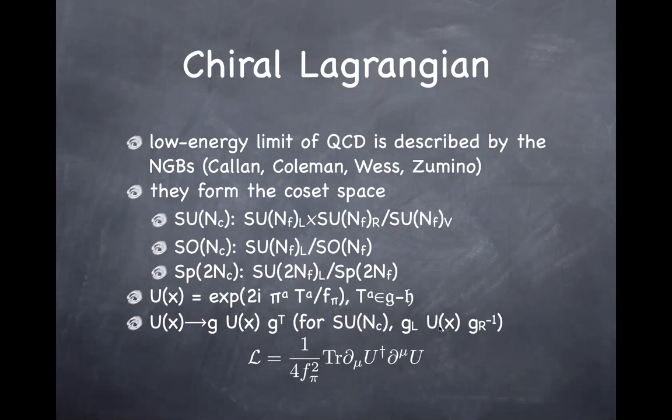And then you write a Lagrangian that's consistent with the symmetry. And here we go. That's the only Lagrangian you can write consistent with the symmetry and at the leading order in derivatives. So this term has 2 powers in derivatives. And this is the only term you can write consistent with the symmetry requirement.